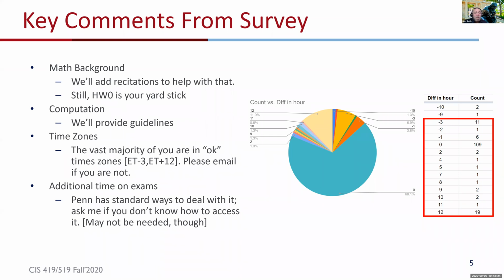Not ideal, but still doable. And 3 of you are in time zones that I would consider unreasonable. You can still join if you want, but we wouldn't count it against you. So we will definitely take this into account when we look at attendance and participation. So if you have any issues with this, drop me an email, let me know.